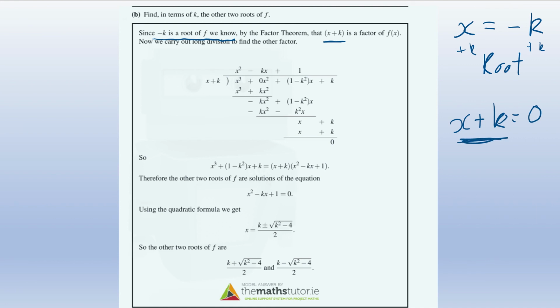That part there, the x plus k, is going to be your factor. So still the same procedure, except now you're dealing with a k instead of just a number that you were used to. You then had to divide your x plus k, that factor, into your original equation and get your answer at the end. One or two things to point out here.